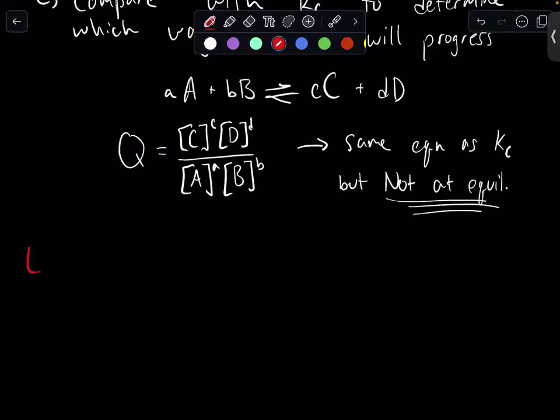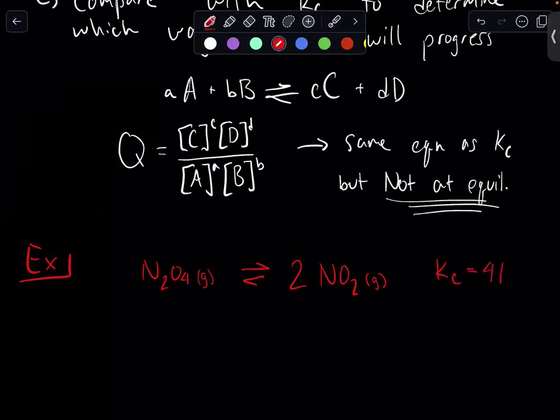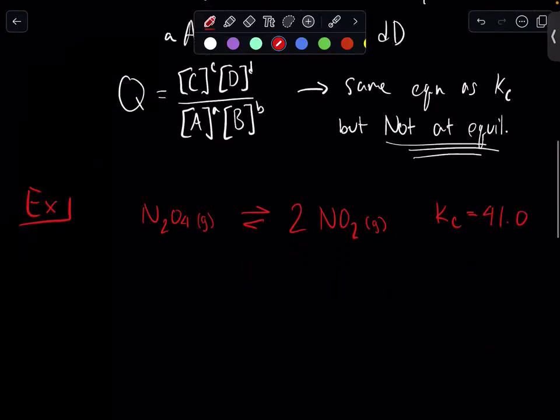Well, let's start with an example, and we'll kind of end with this example too. So if we look at the reaction of N2O4 as a gas decomposing into two nitrogen dioxide gas molecules, and we know that the equilibrium constant at a given temperature is 41.0, and we also know the current concentrations. We'll say the current concentration of N2O4 is 2.00 mol dm^-3, and the current concentration of NO2 is 6.00 mol dm^-3.